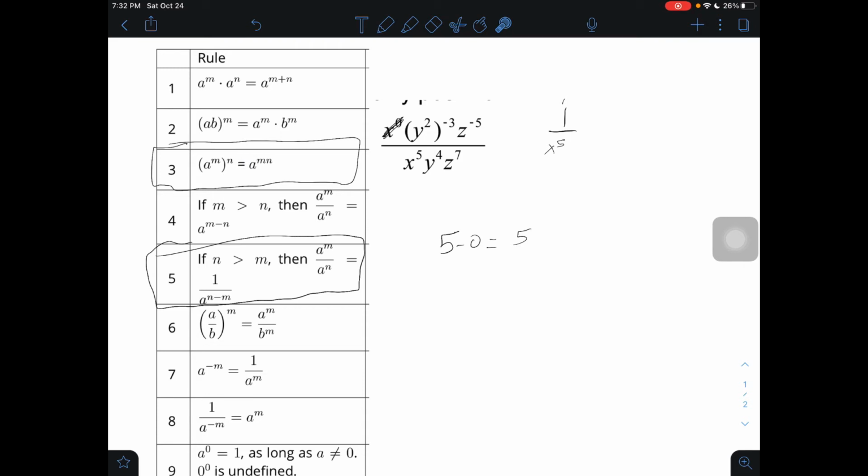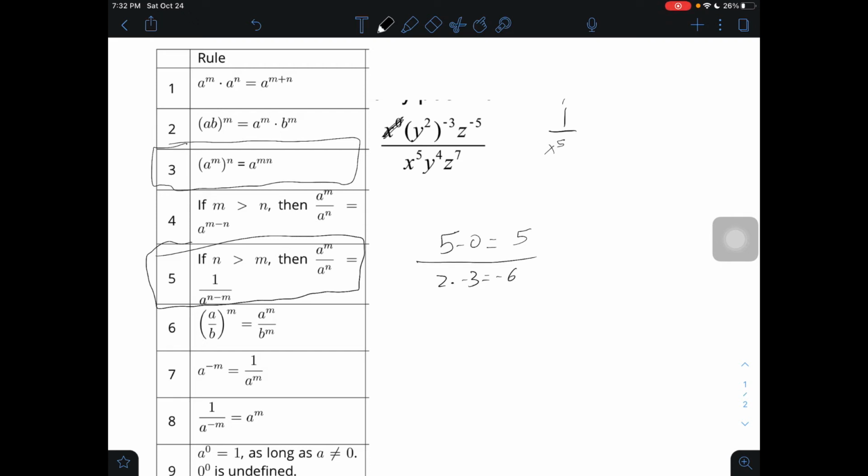In this scenario, our a is y, our m is 2, and our n is negative 3. So by following rule number 3, we're going to do 2 times negative 3, which is negative 6.